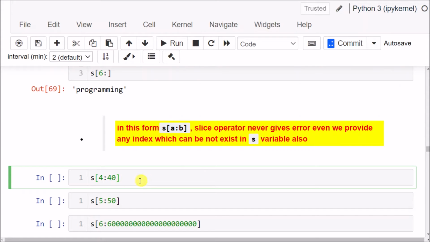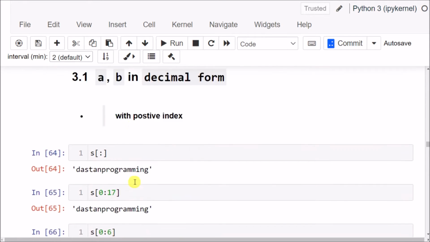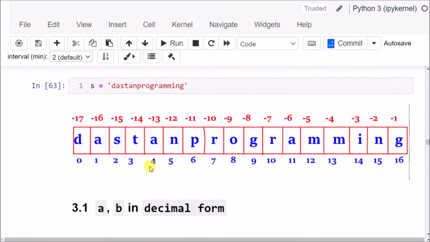So it will go from the 4th to the 14th index. The 14th index is not present, so from the 4th, all values will be printed. If that index does not exist, then it will be considered as the length of the variable.